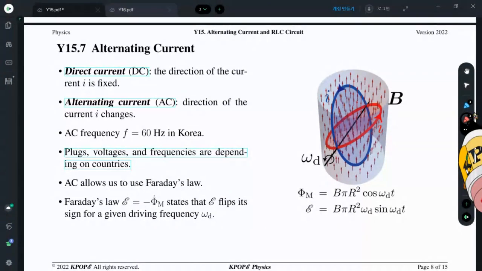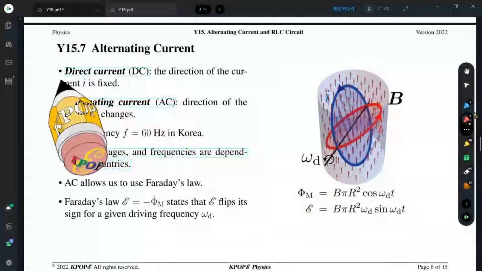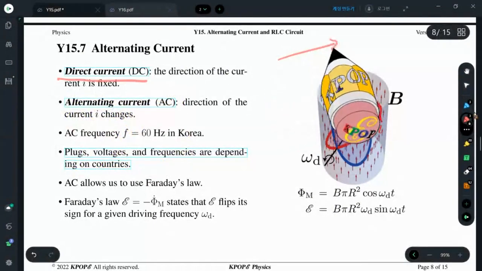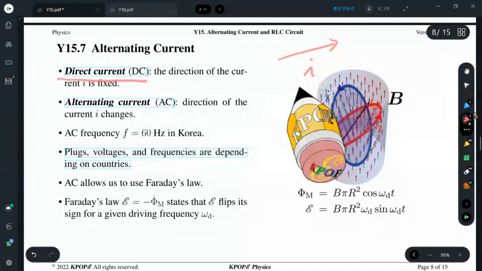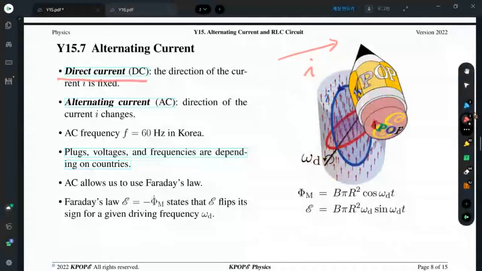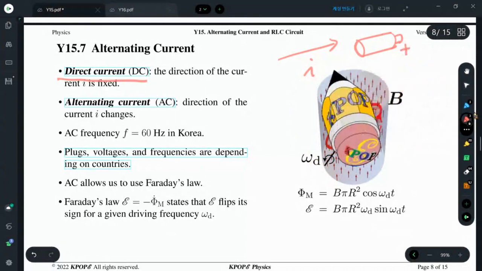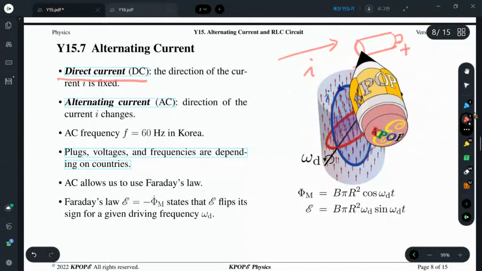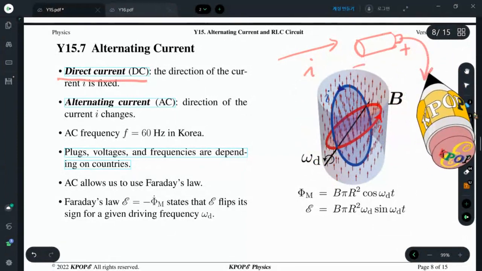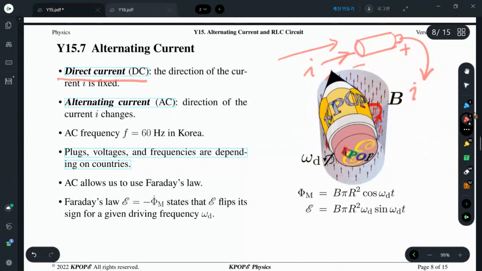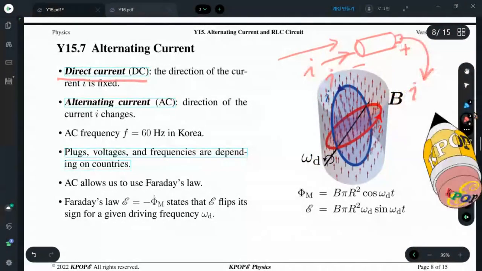So there are two cases. You attach a battery that gives a direct current. Direct current is a current I whose direction is fixed. Your battery has a positive and negative terminal. Current I always flows out and flows in this way.